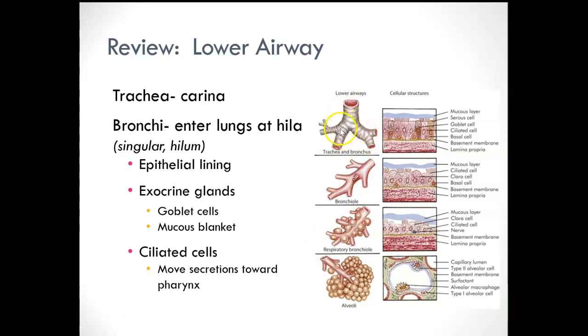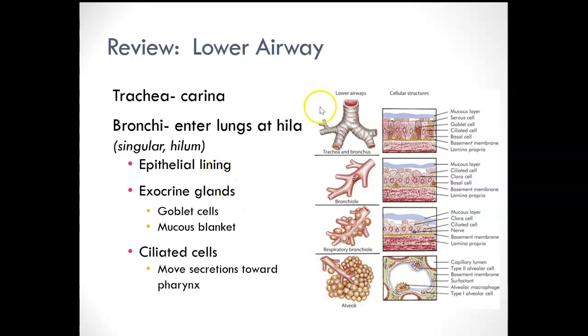It just happens that this bifurcation then quickly bifurcates again. So you have the bronchi, right, which are these big tubes that lead out to the bronchioles, and then respiratory bronchioles to the alveoli.